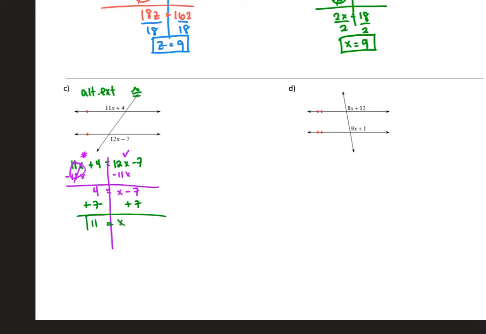So I get x equals 11. And we don't need to divide by anything since x is already by itself. In terms of an explanation, we're going to say these are alternate exterior angles, so they are congruent.